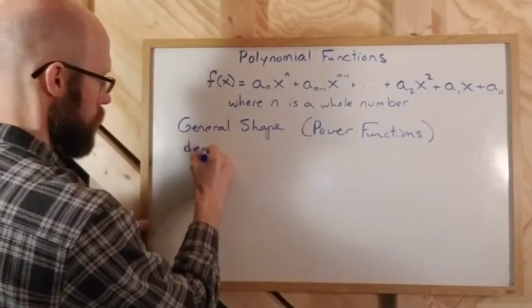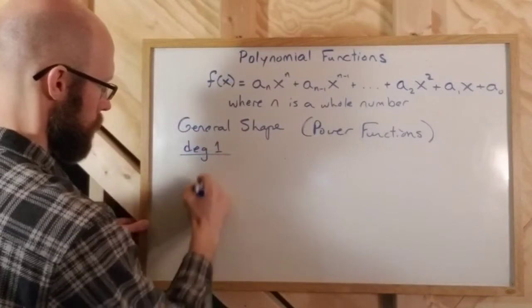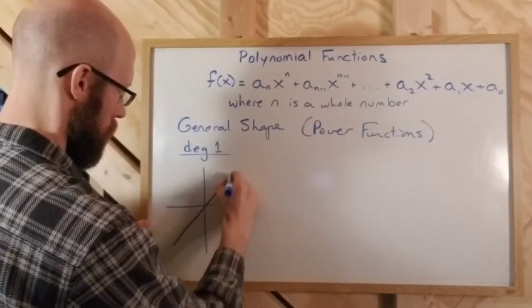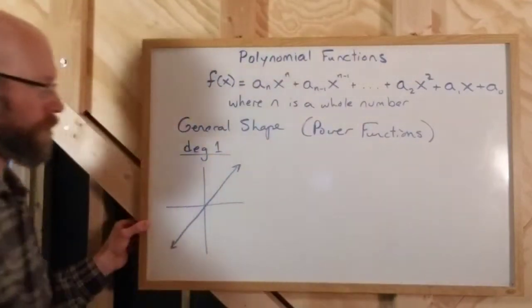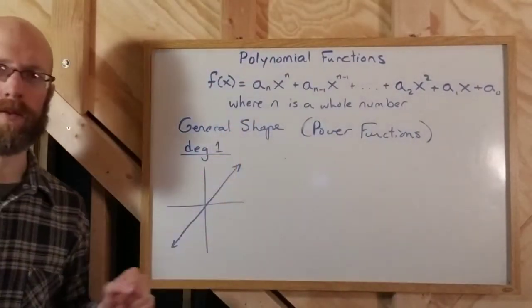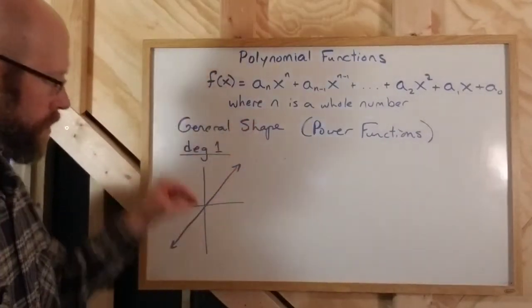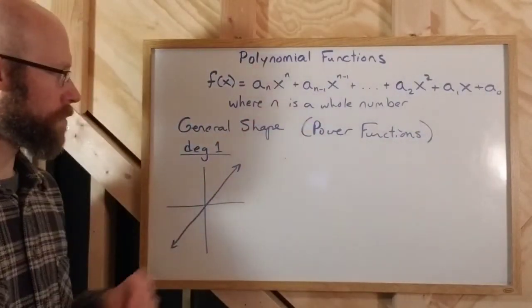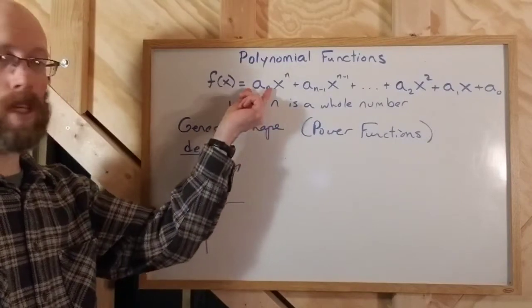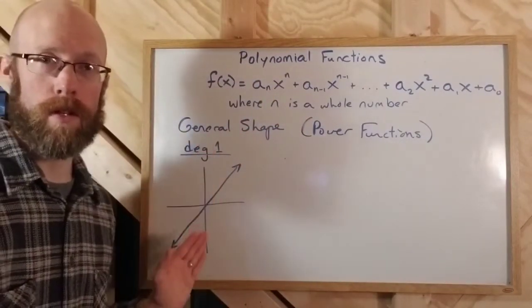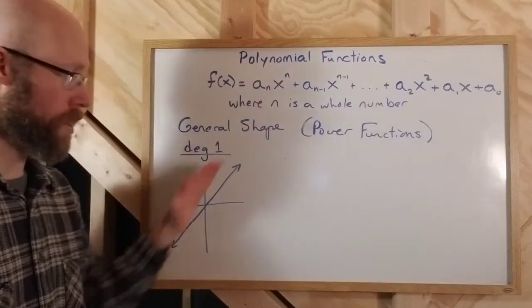If I have a degree 1 polynomial, we know that's a linear graph. We've seen those already. One side goes up, one side goes down, assuming that our leading coefficient is positive. If our slope is positive, we have this increasing graph.